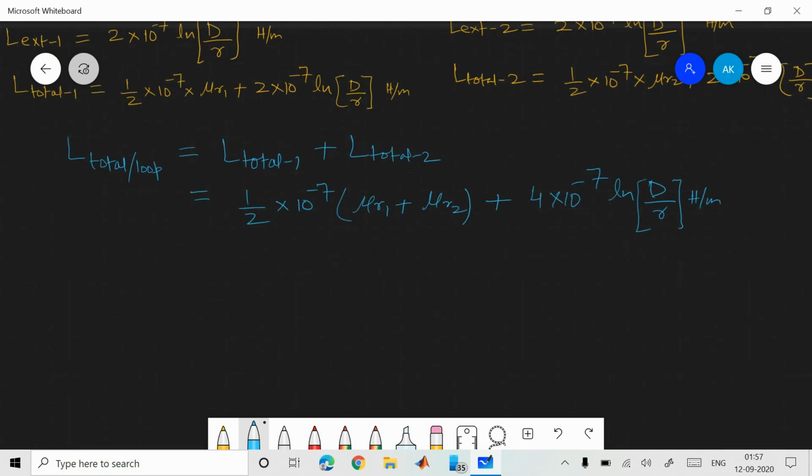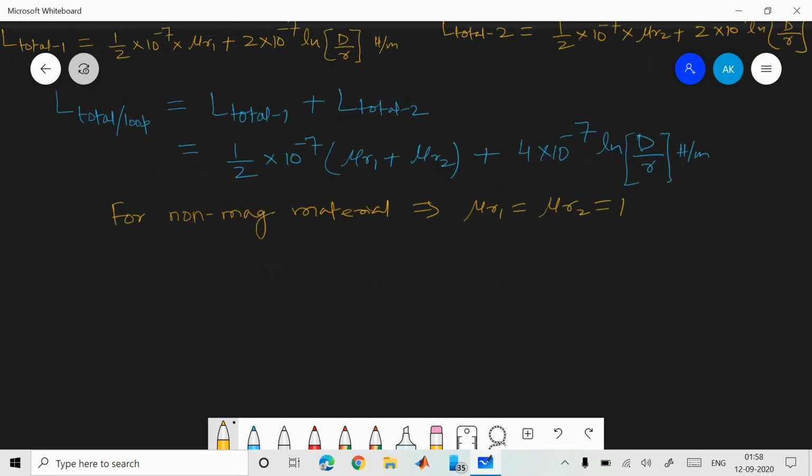So for non-magnetic material, mu r1 is equal to mu r2 is equal to 1. So simply you will get half, and this half will get cancelled out with the 2 in mu r1 plus mu r2.